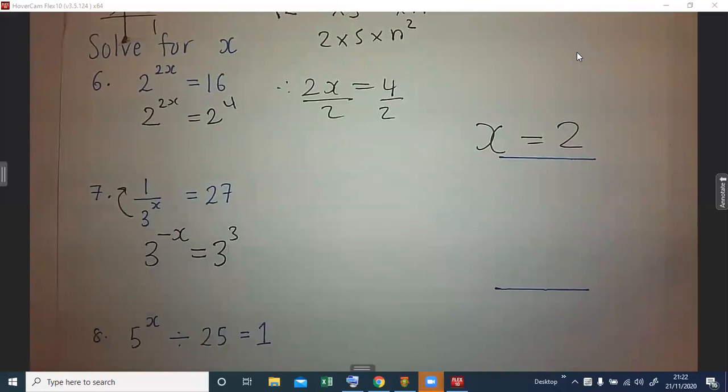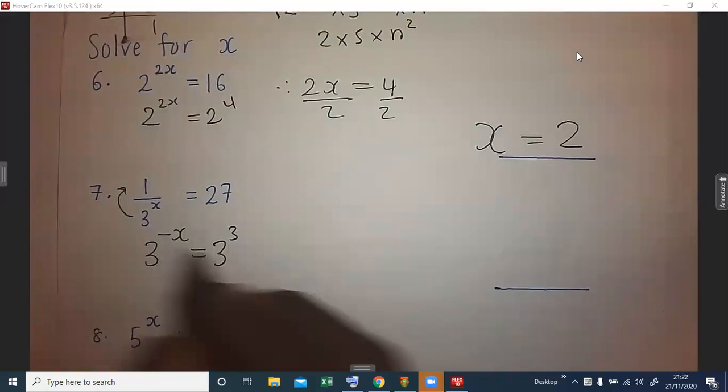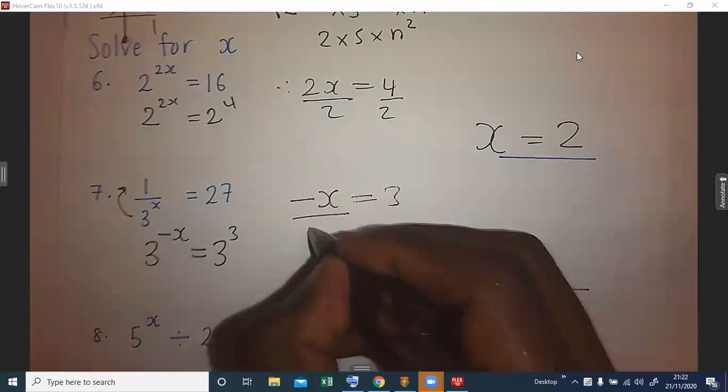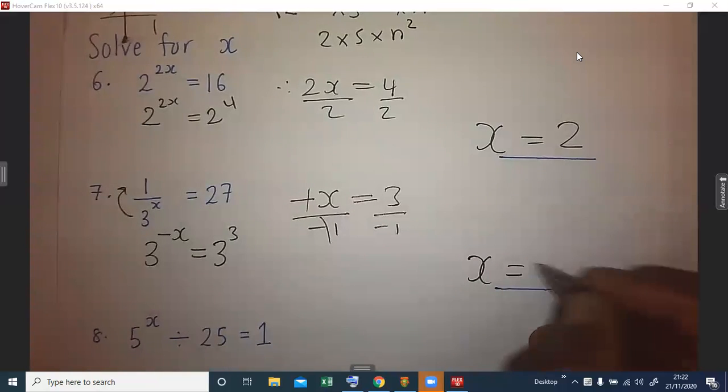Because 3 times 3 is 9, 9 times 3 is 27. Now, base is the same, powers should be the same. So negative x should be equal to 3. I divide by negative 1, then my x is negative 3.